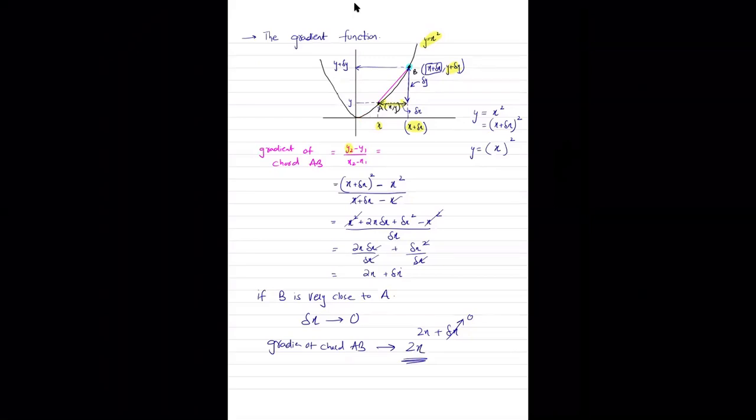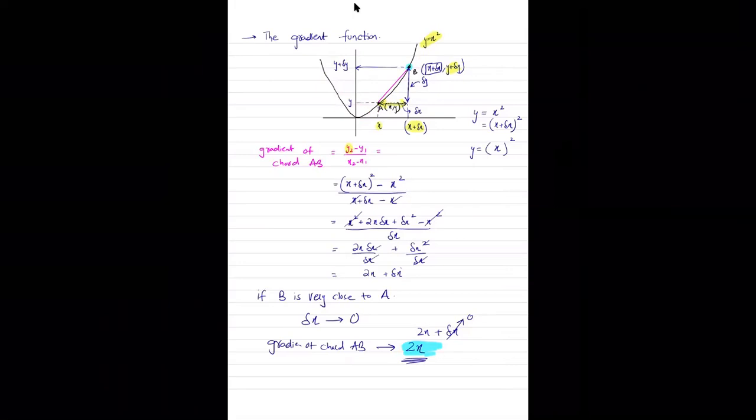But when we talk about a curve, the gradient is going to be different at every point. So 2x represents the gradient function over here. This process of finding the gradient of the curve at any point is called differentiation from the first principle.